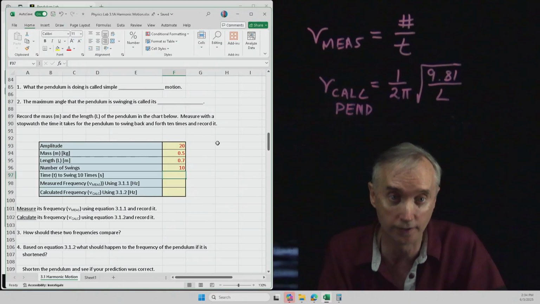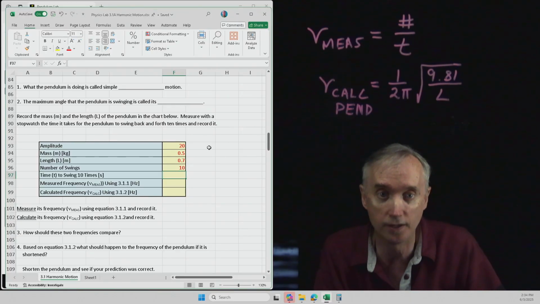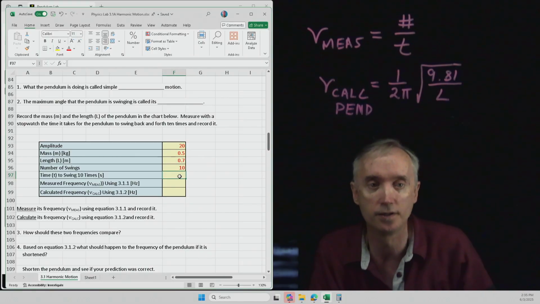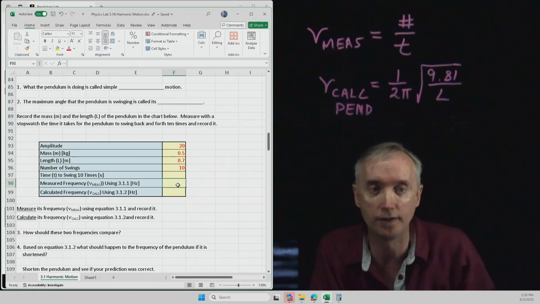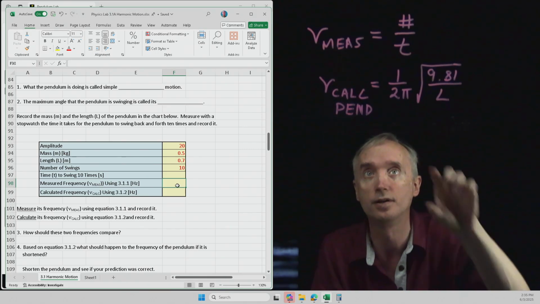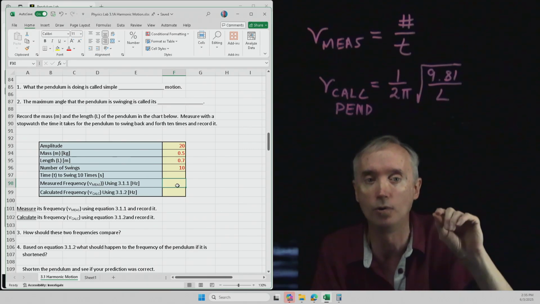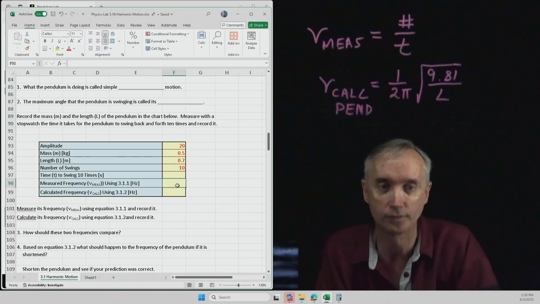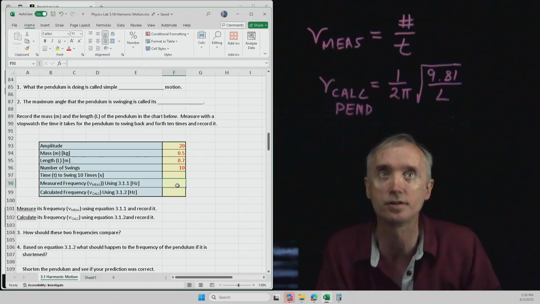So you're going to fill that in. And then the measured frequency using this formula up here. So that's going to go here. And now we need to calculate the frequency using this one, and then hopefully those two numbers will be the same. They should be fairly close to each other.